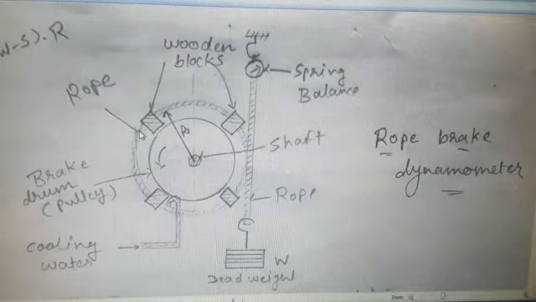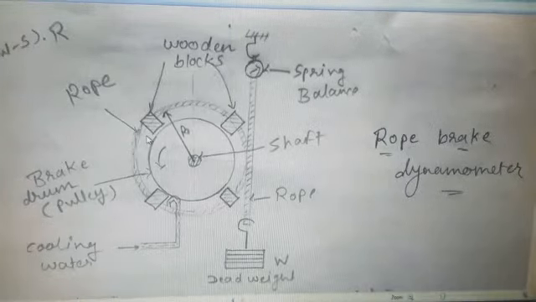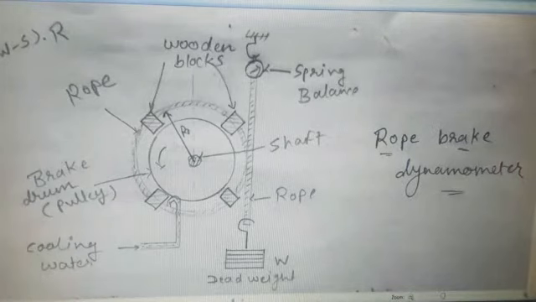In the rope, you can see several wooden blocks for better friction. Now you can see that one end of the rope goes to the spring balance, and the other end of the rope goes to the dead weight, which is denoted by W.